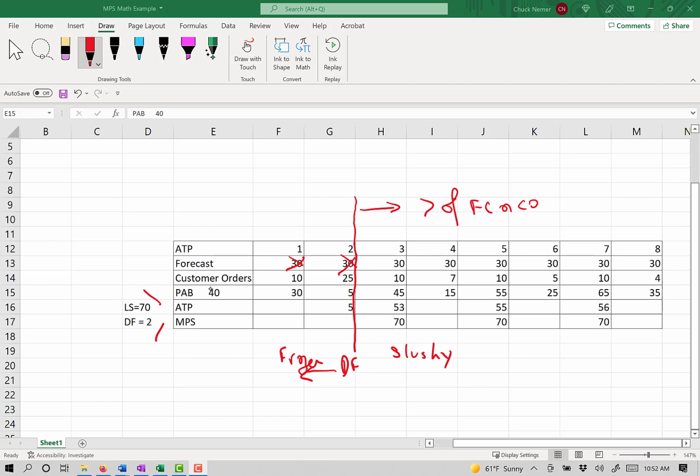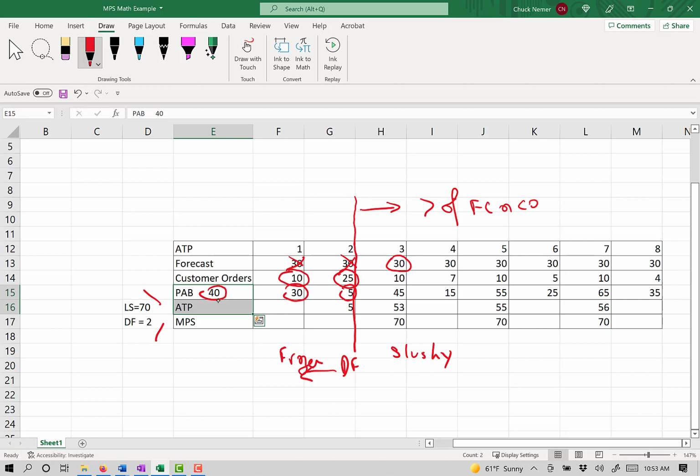We're starting out with 40 on hand, okay? And we'll see in period 1 we have customer orders for 10, so we're down to 30. Period 2, we're going to need another 25 of those 30, so we're down to 5. When we look at period 3, we have the 5, and we need a potential of 30 since we're going with the greater of forecast and customer orders.